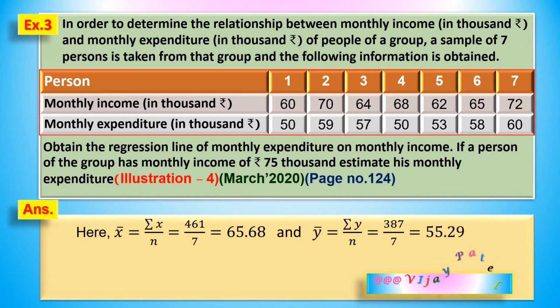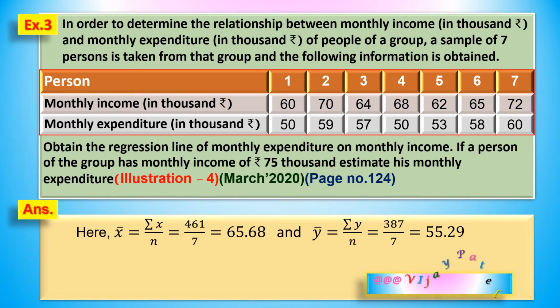See here, the values of x bar and y bar both are non-integers, so we can apply shortcut method. But see here, in shortcut method we can only change the origin and we can't change the scale because no one multiple of a variable x and y.